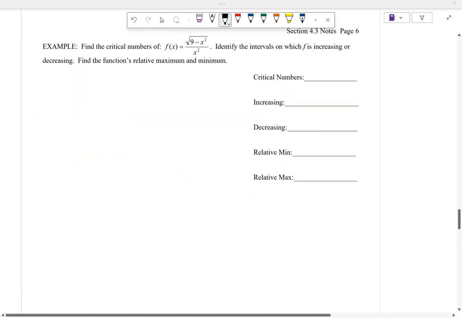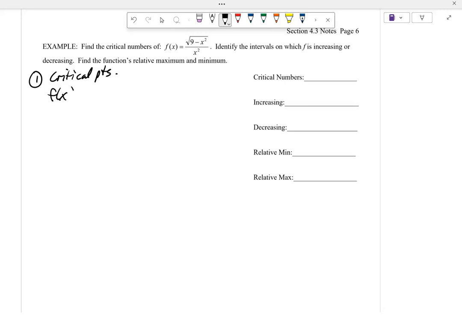Find the critical numbers of the square root of 9 minus x squared all over x squared. So let's start out, find our critical points. So here's our original function, square root of 9 minus x squared. I'm going to write that as 9 minus x squared to the 1/2 all over x squared. Let's go ahead and run the quotient rule.